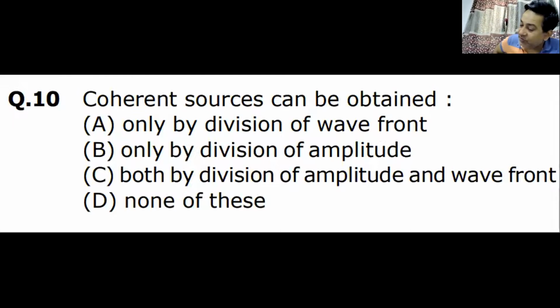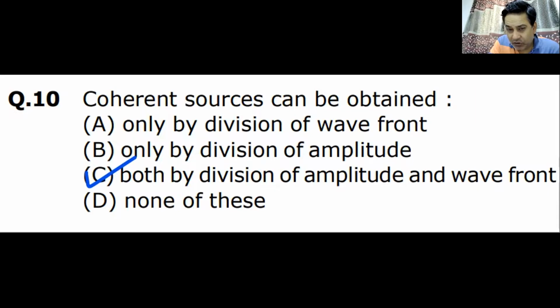Coherent sources can be obtained, A, B, C, D. C, C for camel, both by division of amplitude and wavefront. I have told you the example of division of wavefront, which is Young's double slit experiment.